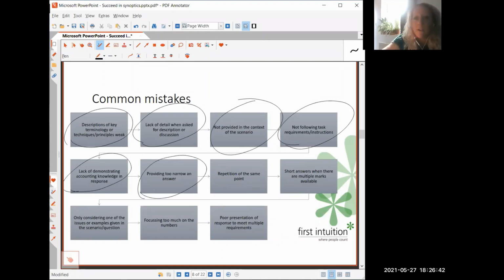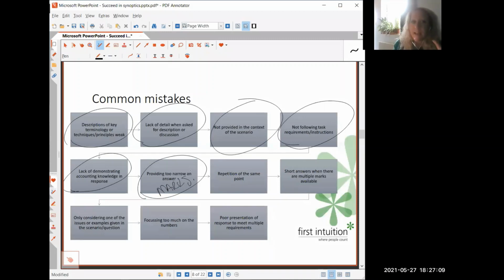Too narrow an answer, just not writing enough. And I think something that is really important here to consider is how many marks there are for your response. You could be asked a question and you're told that there are 8 marks available. So AAT are really nice. They tell you how many marks are available for each question part that you're being asked.